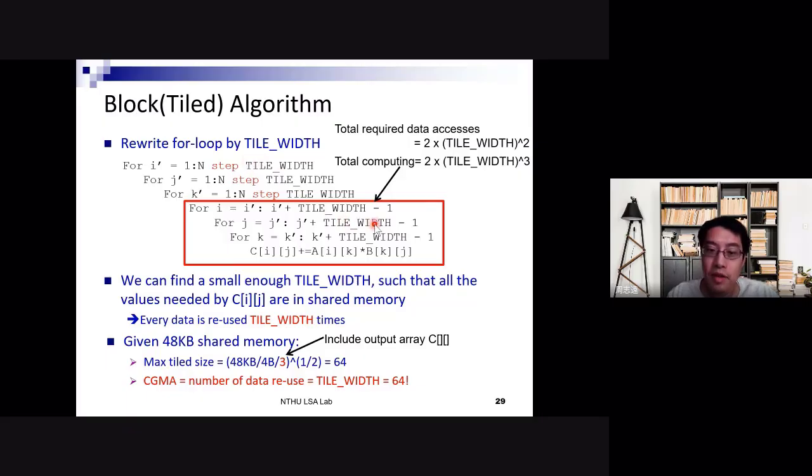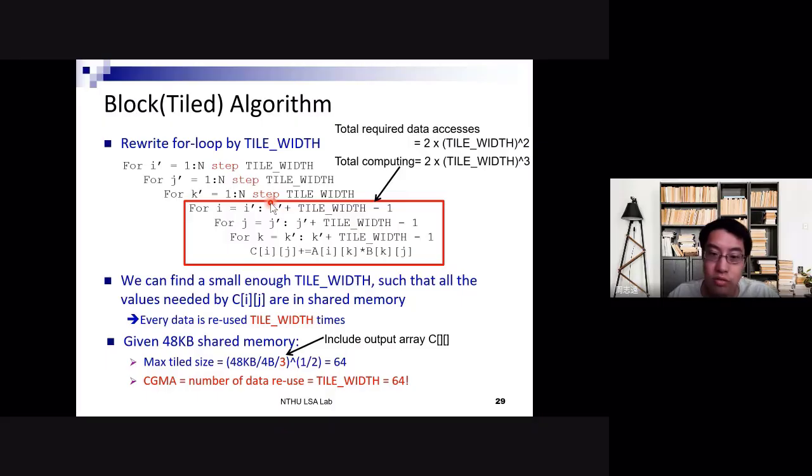Okay, all right. So after we do this tile algorithm, when we try to analyze the CGMA ratio, again, we only need to look at the computation and the memory access within a single tile, right? Because every tile is just repeating the same thing.